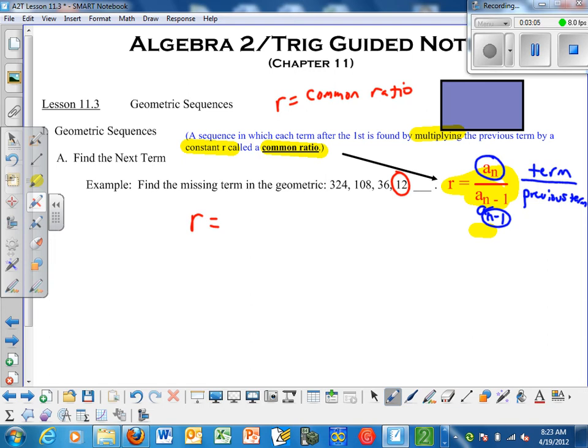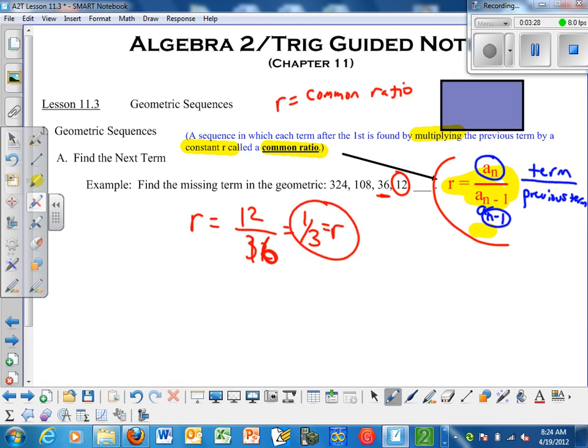I'm going to take 12 and I'm going to divide by the term in front of it, which is 36. That's what this is saying, how to find r. So 12 divided by 36, which is equal to 1/3. So what this means is r is 1/3 in this sequence.